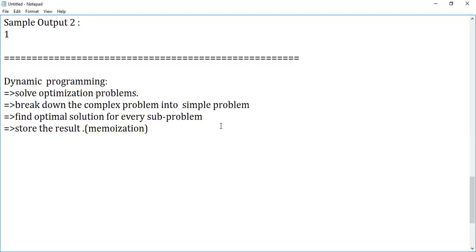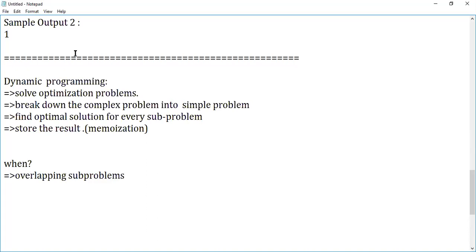Okay, this is done. Next, you might have a doubt: when should I use it? When is dynamic programming important? Can I use it for all scenarios? We have certain cases, guys. Whenever we have overlapping subproblems, you can make use of it.